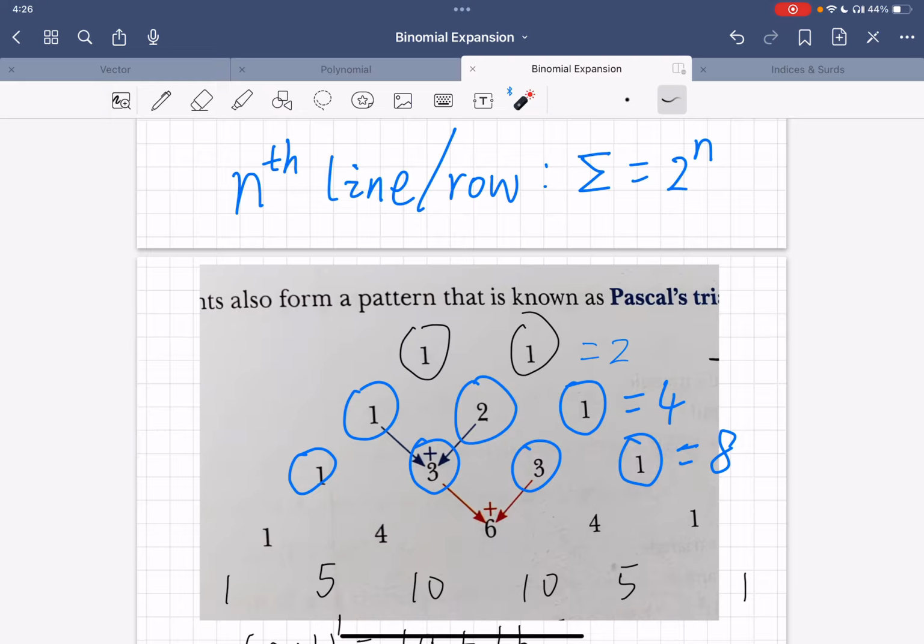Here is a very useful suggestion so that you can calculate the overall sum of the coefficients by using this result, as long as you know the power for the bracket, for this binomial expansion.